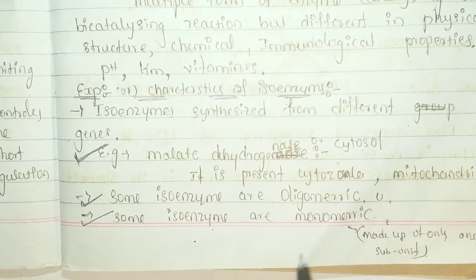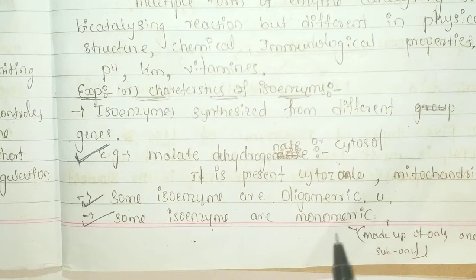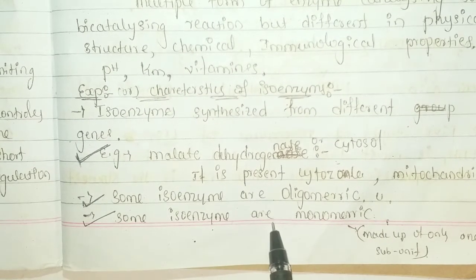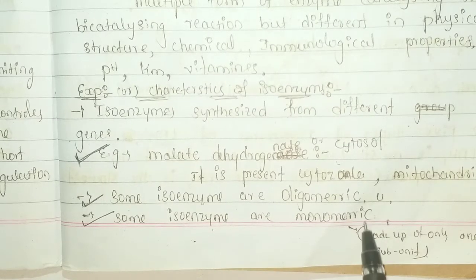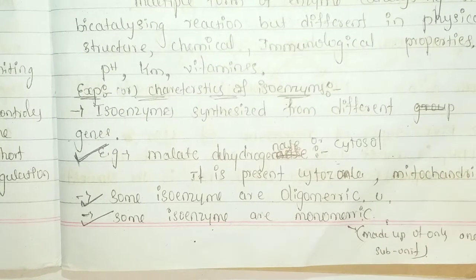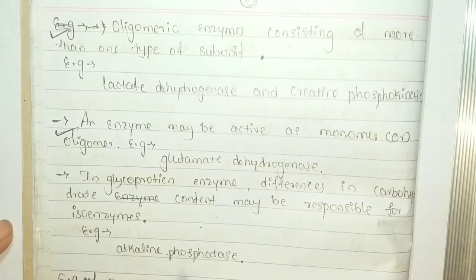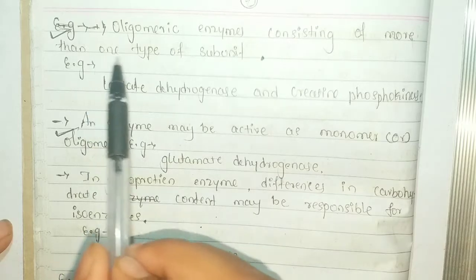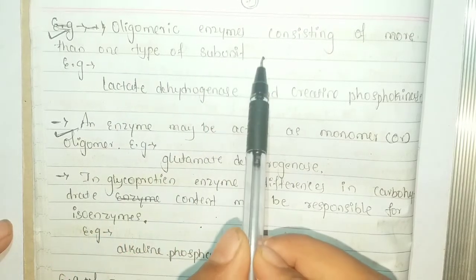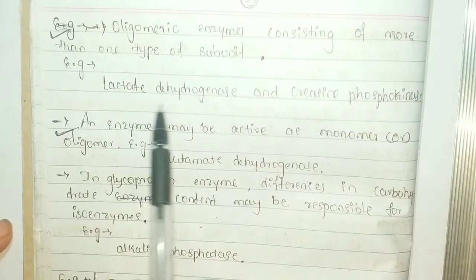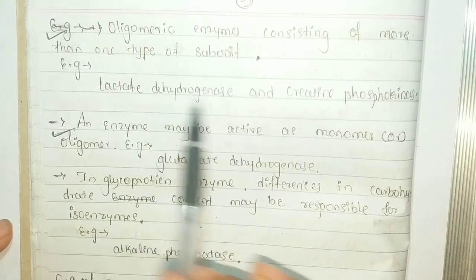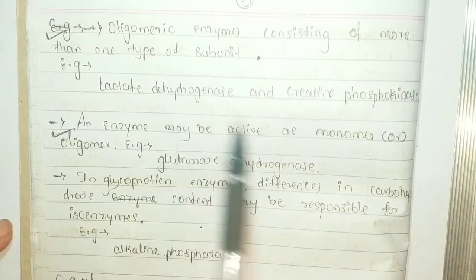Some isoenzymes are oligomeric, meaning they are made up of more than two subunits, and some isoenzymes are monomeric, made up of only one subunit. Oligomeric enzymes consist of more than one type of subunit. Examples are lactate dehydrogenase and creatine phosphokinase. These two are examples of isoenzymes.